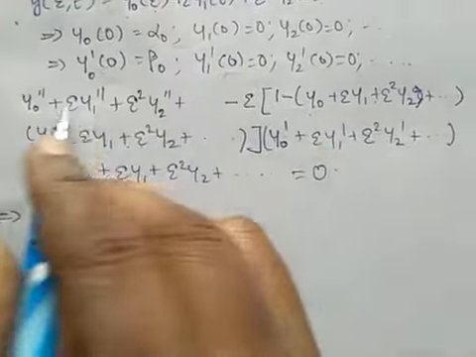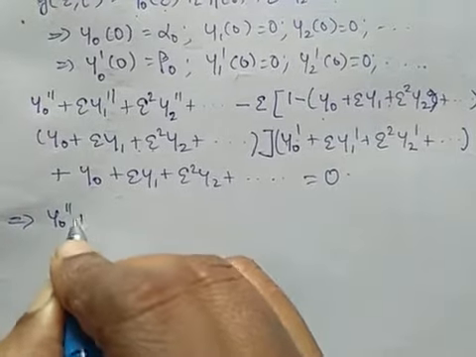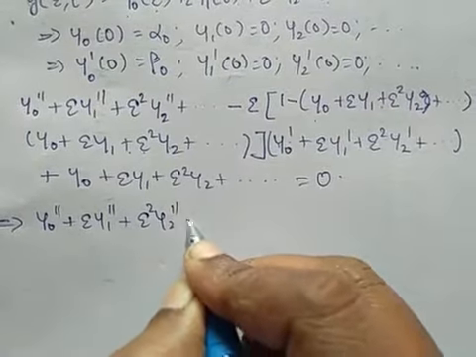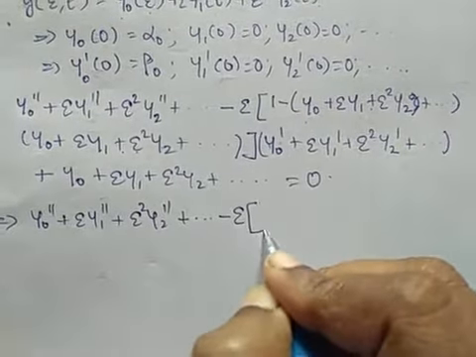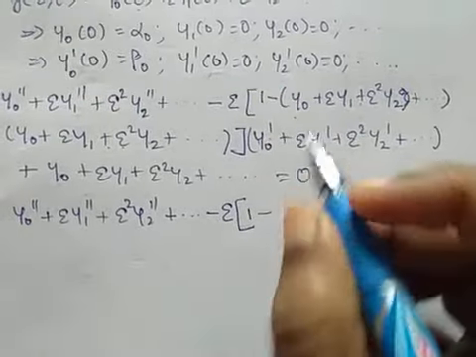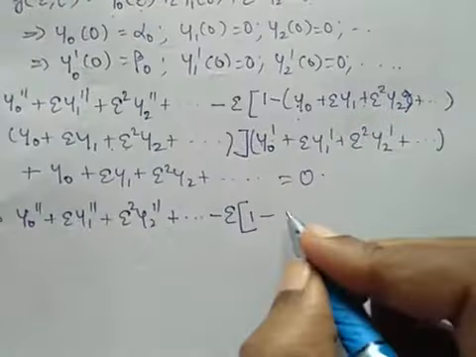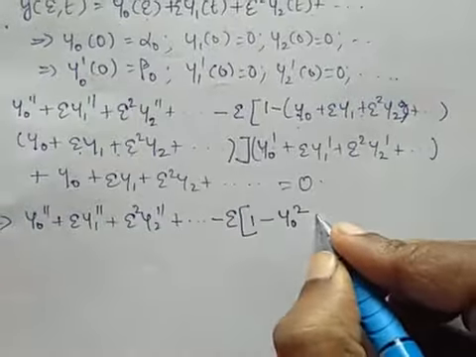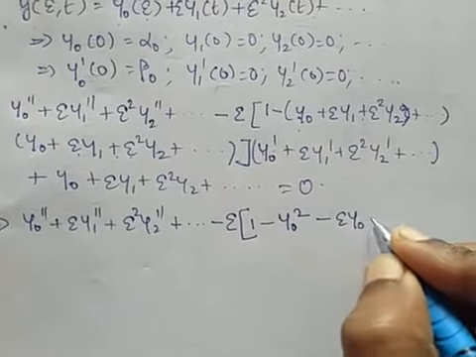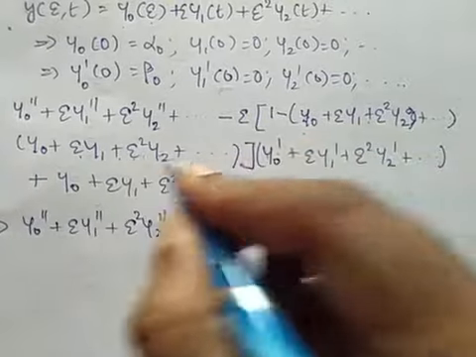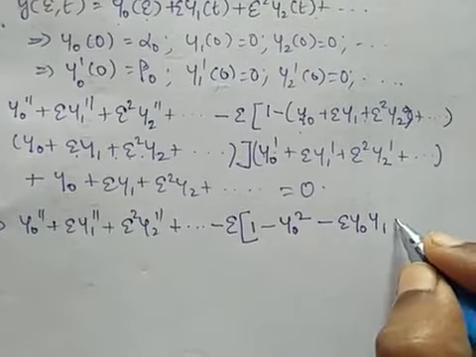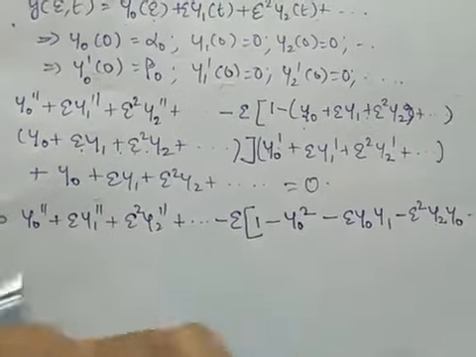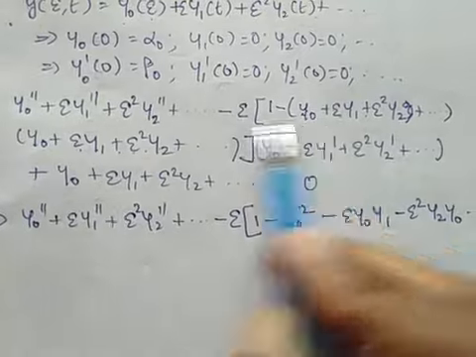So this equation becomes y0 double dash plus epsilon y1 double dash plus epsilon square y2 double dash plus etc., minus epsilon into (1 minus y0 into y0, which is y0 square. Y0 into epsilon y1 is minus epsilon y0 y1. Y0 into y2 is minus epsilon square y2 into y0 etc.). Similarly, I will multiply epsilon y1 into this.